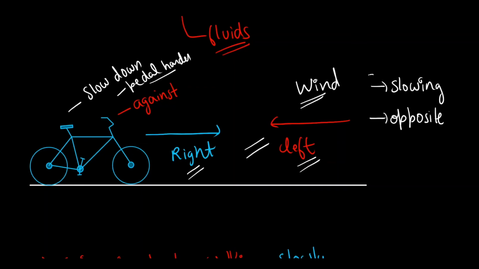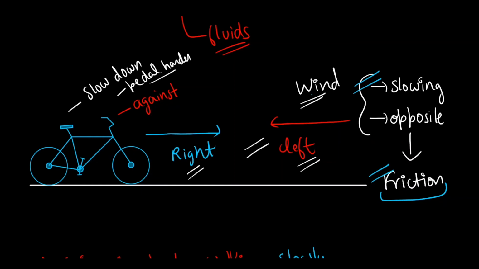Now wind is slowing the bicycle down and it is acting opposite to it. Doesn't this sound familiar and similar to friction? Now what does friction do? Well, friction slows an object down and it acts opposite to it. Wait a second, this is exactly what friction is.